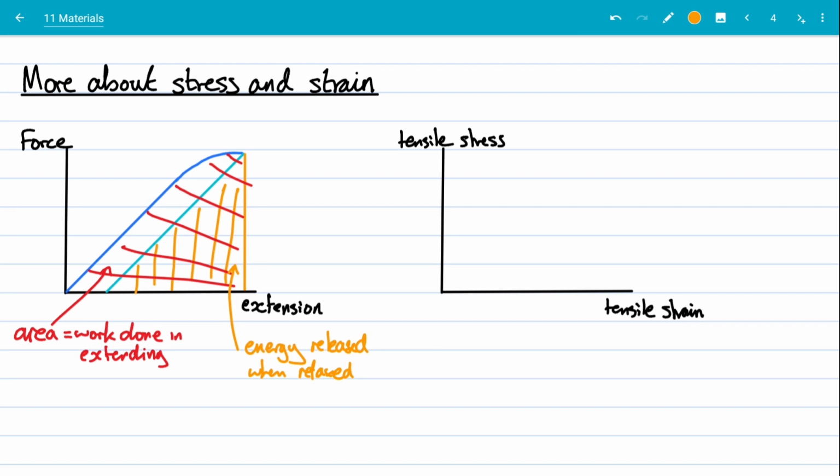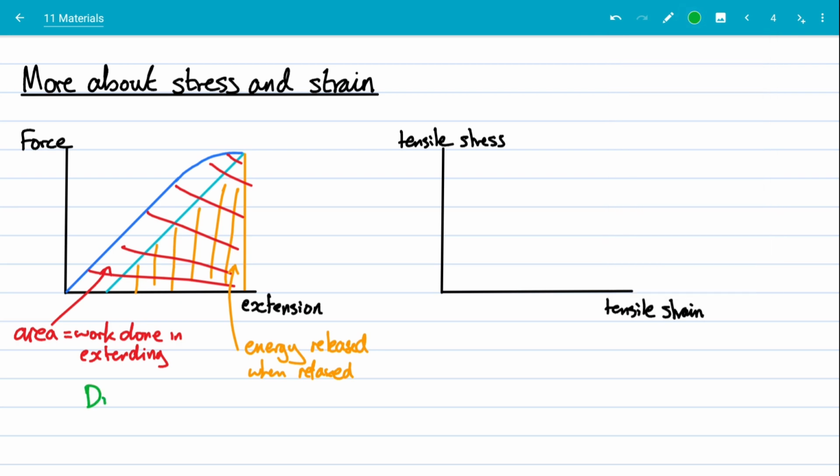So where's the rest of the energy gone? Well, it's gone into causing changes in the material, which has a heating effect. You move atoms past each other, then van der Waals bonds might be made and broken, and all of that has a heating effect. And so this difference between them is the energy lost in heating.